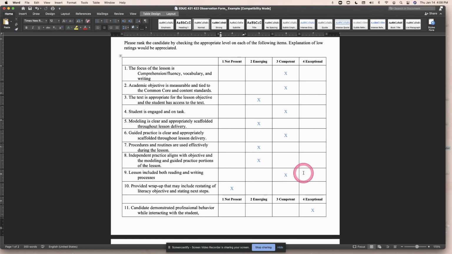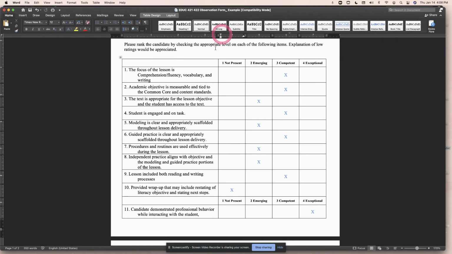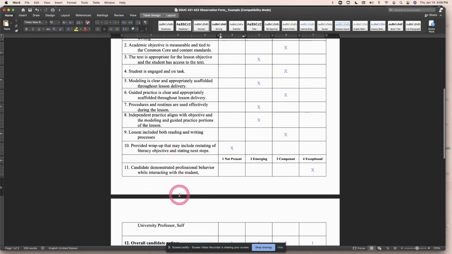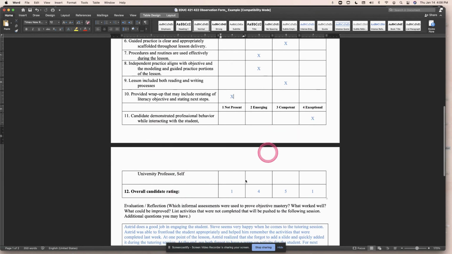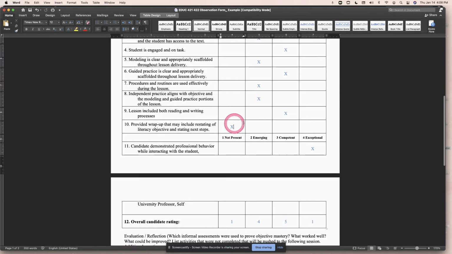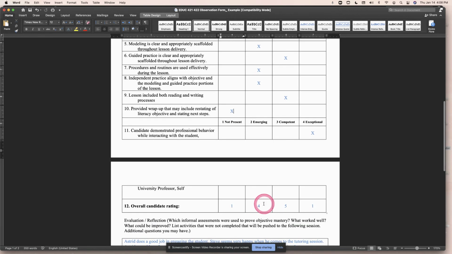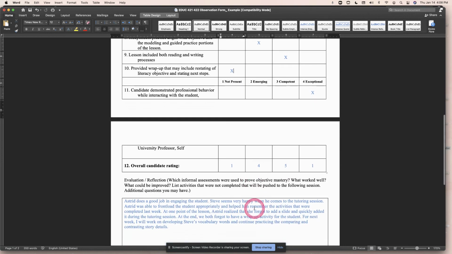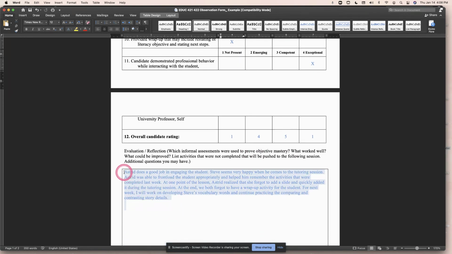As advice, what I would do is once I'm done writing my lesson plan, pull out your observation report and look at these sections and think, okay, did I address these in my lesson plan? These are very good steps to have within that lesson plan. Once you go down here, you're going to just tally up how many X's in the categories your co-teacher received. And then this is very brief, something that I wrote, but this is a good place to evaluate and reflect and be very honest.